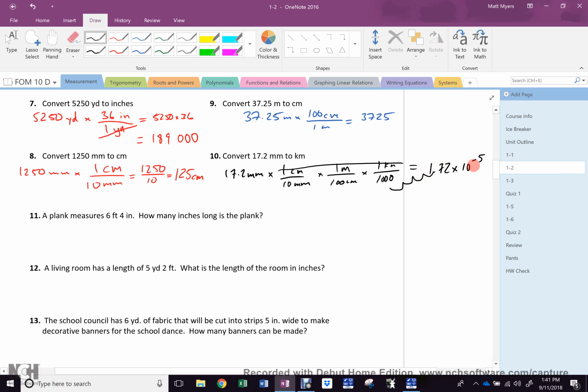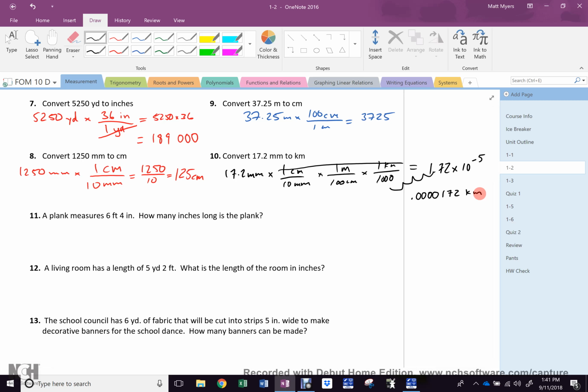So if your calculator does something crazy like that, then it's whatever is on the screen, and the decimal moves. If it's negative, it moves left. If it's a positive exponent, it moves right that many spots. And zeros fill the holes. It is 0.0000172 kilometers, which again is a stupid measurement to measure in kilometers.